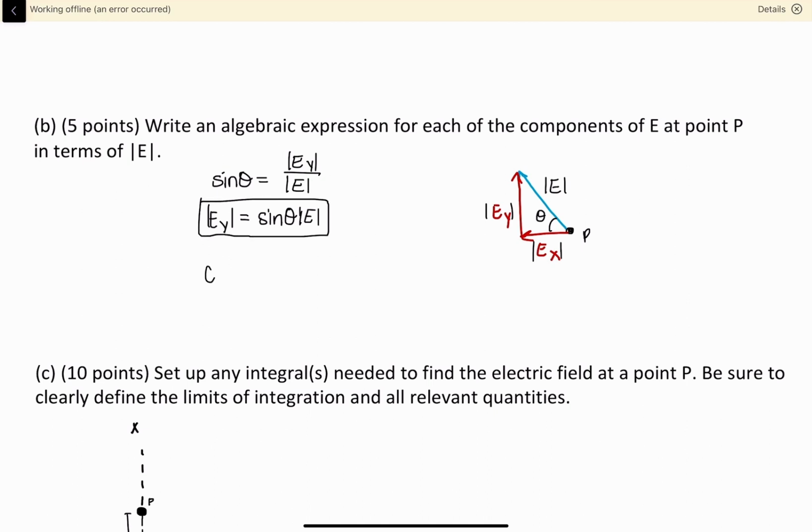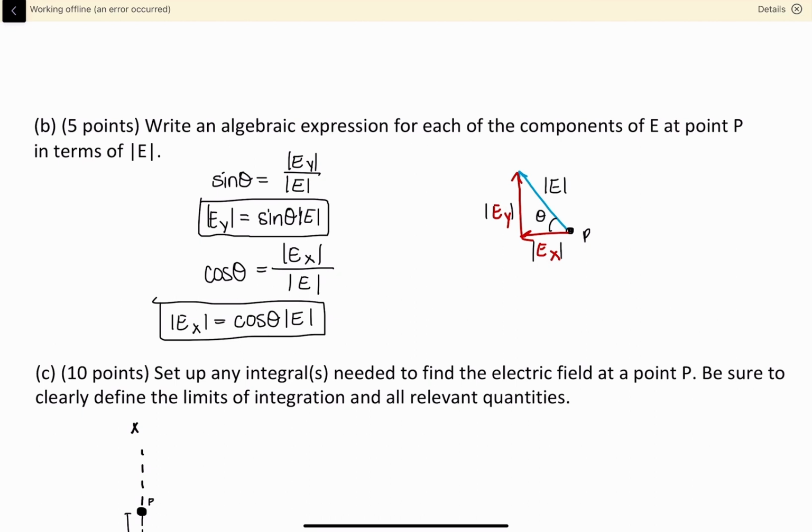And then we have cosine, which is adjacent over hypotenuse. Those are our two components.